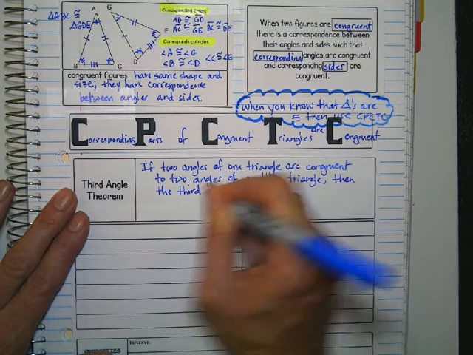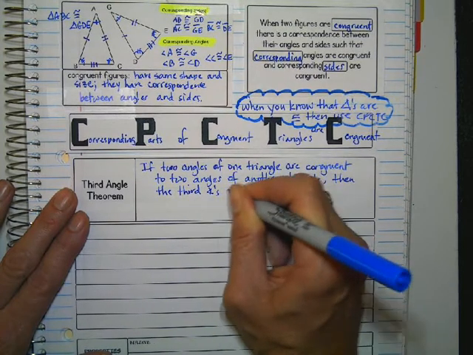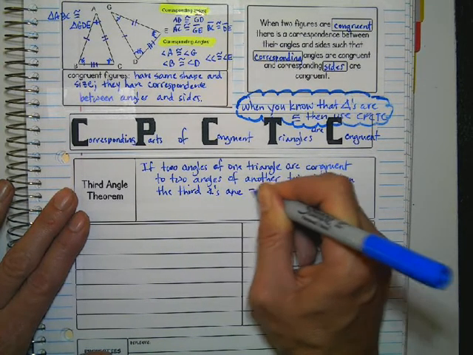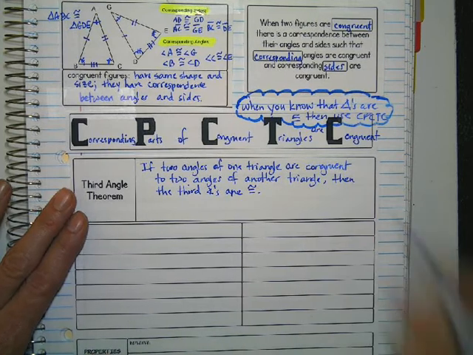If two angles of one triangle are congruent to two angles of another triangle, then the third angles are congruent.